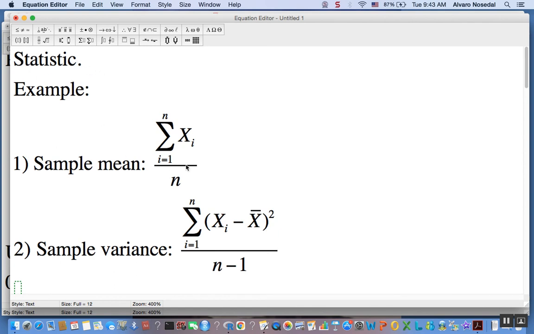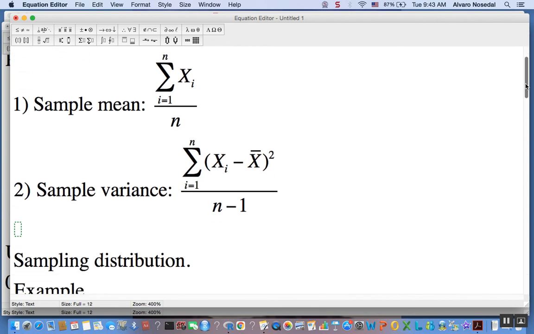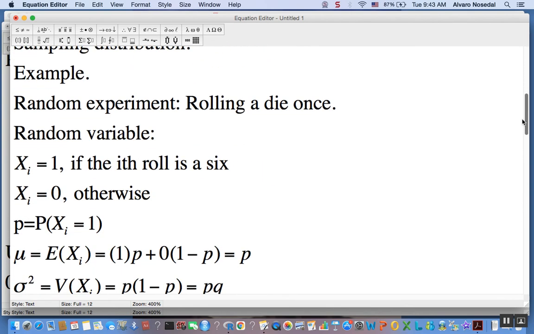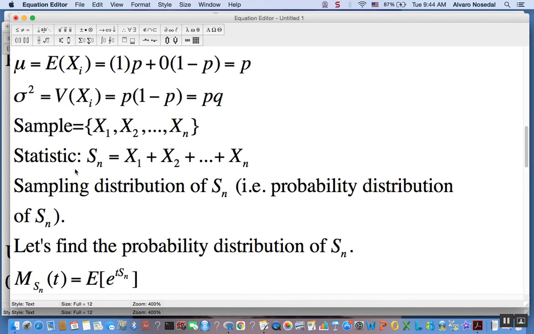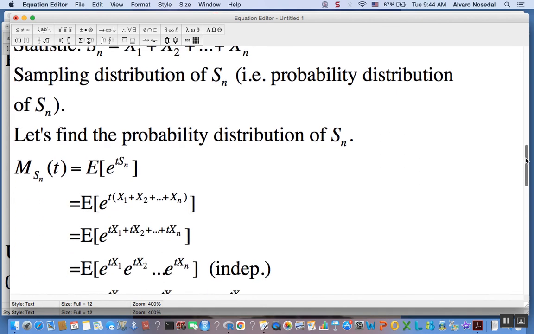A statistic is a function of random variables, and sampling distribution is just the probability distribution of that function of random variables, right? In one case, we talked about an example where we can find the exact sampling distribution for a statistic. In that case, it was a binomial, right?